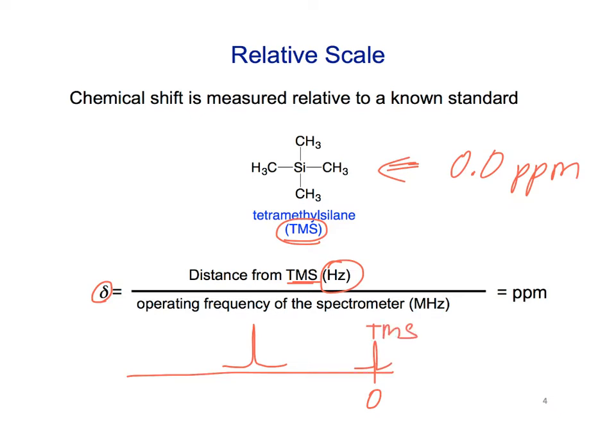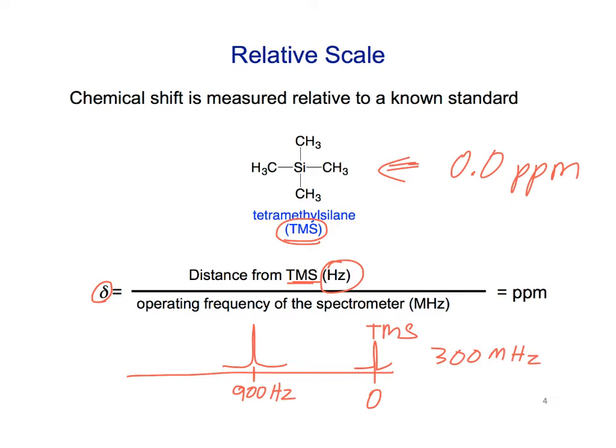Let's say that we're running this experiment on a 300 megahertz NMR. And let's imagine that this chemical shift here is at 900 hertz.